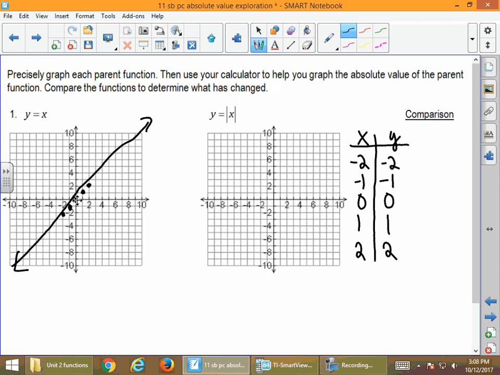And over here is our absolute value function. What we get here is the points 0, 0; 1, 1; 2, 2; negative 1, 1; and negative 2, 2. We'll make a table of this, but we're pretty familiar with that graph.